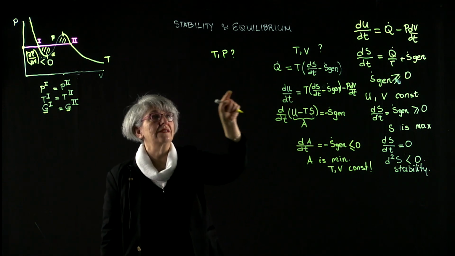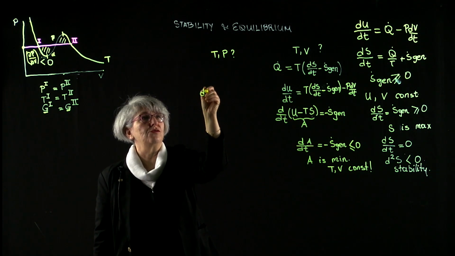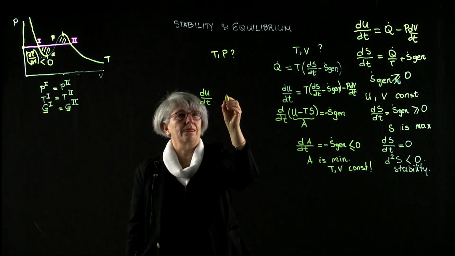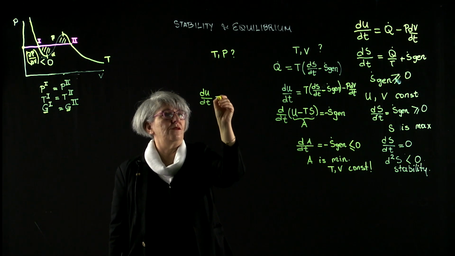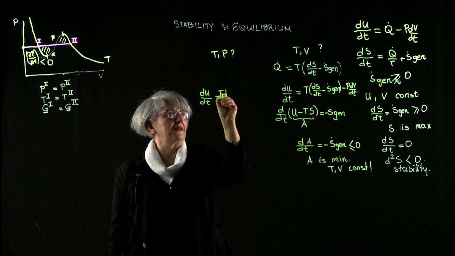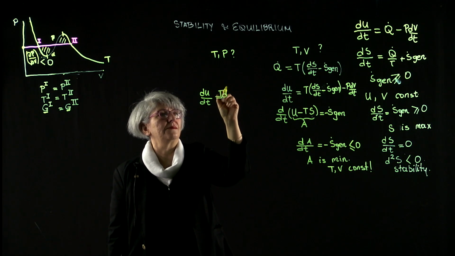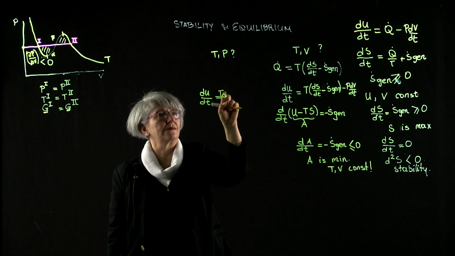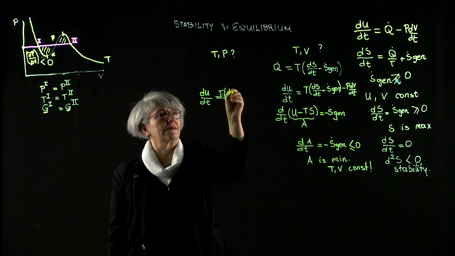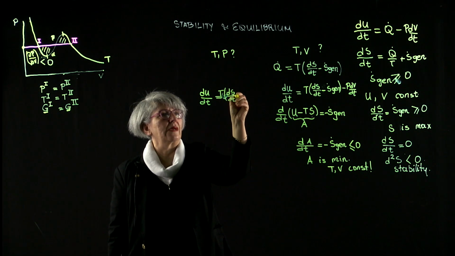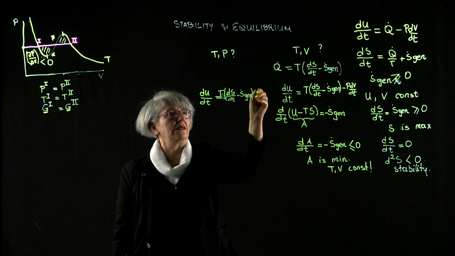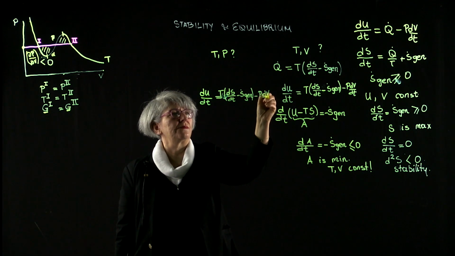As a result, I can start from here. du over dt is equal to T ds over dt minus S generation minus P dV over dt.